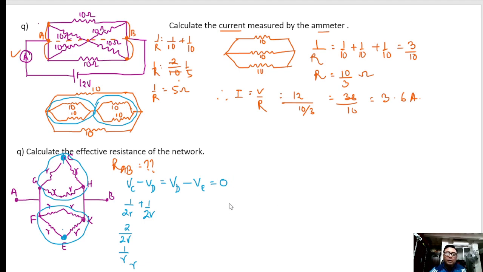So what is the effective resistance? That means if I draw it, it looks like this.